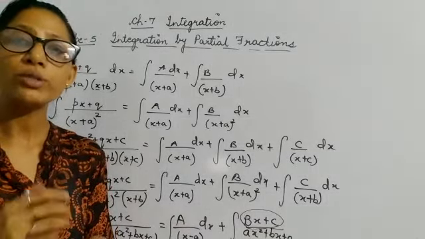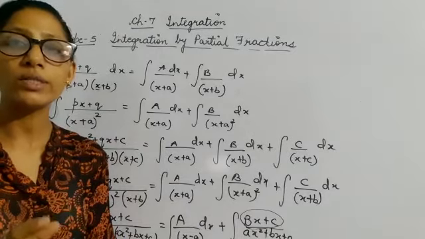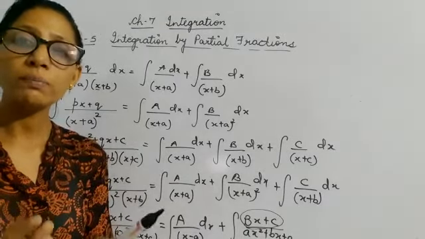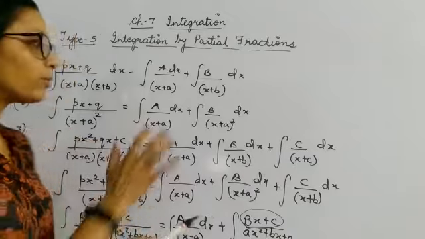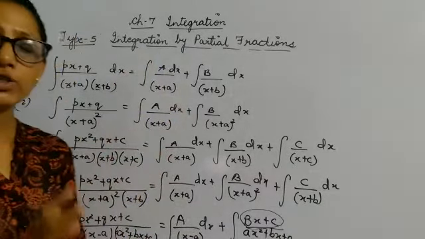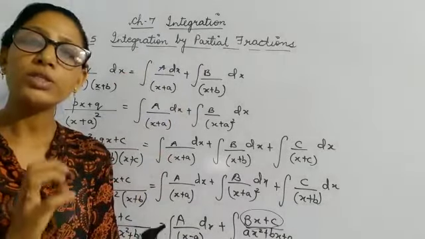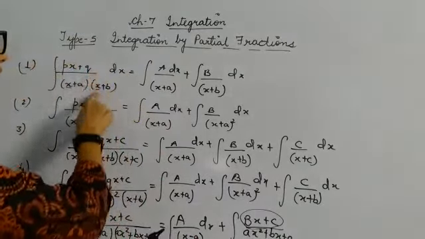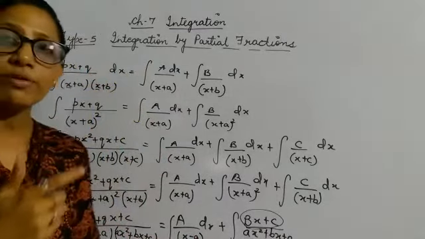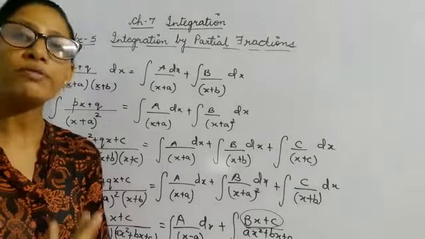Then you have to divide it and convert it into a mixed fraction. In simple words, whenever you are applying partial fractions, you have to convert your given rational function into proper fraction form.